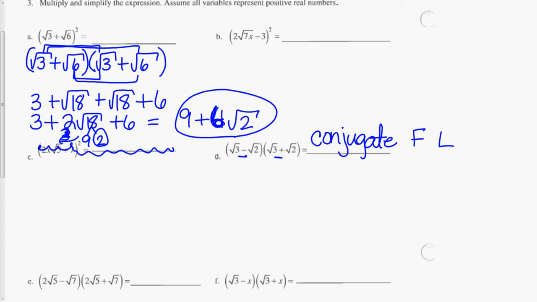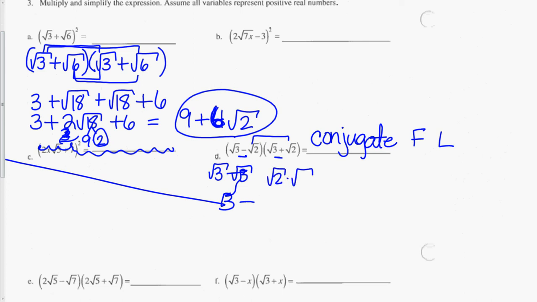So square root of 3 times square root of 3, that'd be square root of 9, which equals 3. And then there's going to be a minus. And then square root of 2 times square root of 2 is square root of 4, which equals 2. And then 3 minus 2 equals a 1. So that one ends up being a 1, which is kind of handy.